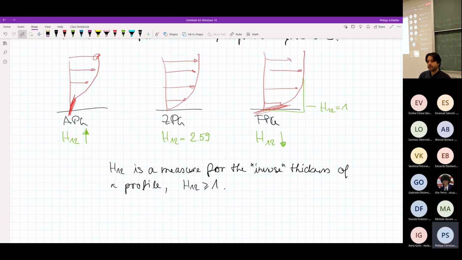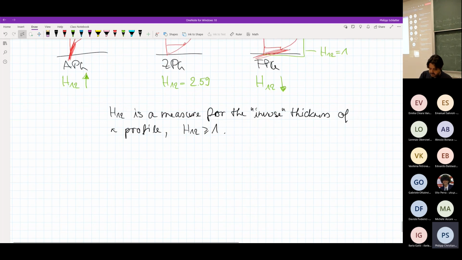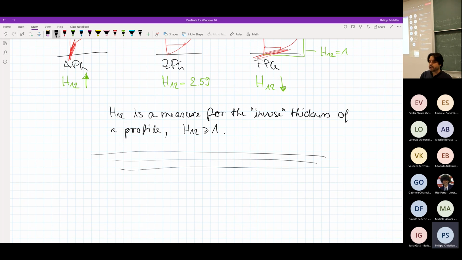Okay. Any other question or comment? If not, then I would like to stop with this part, and now we have successfully finalized the part about boundary layers. In the beginning, we talked about viscous flows, exact solutions with vorticity and that stuff.